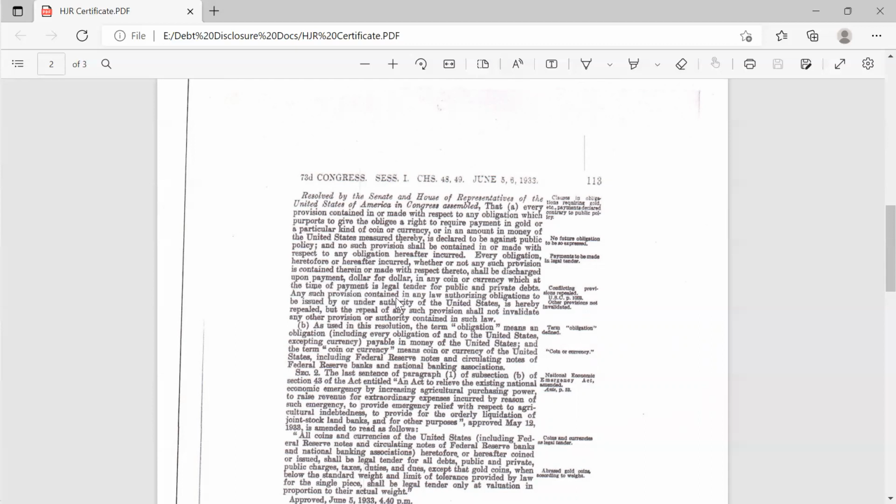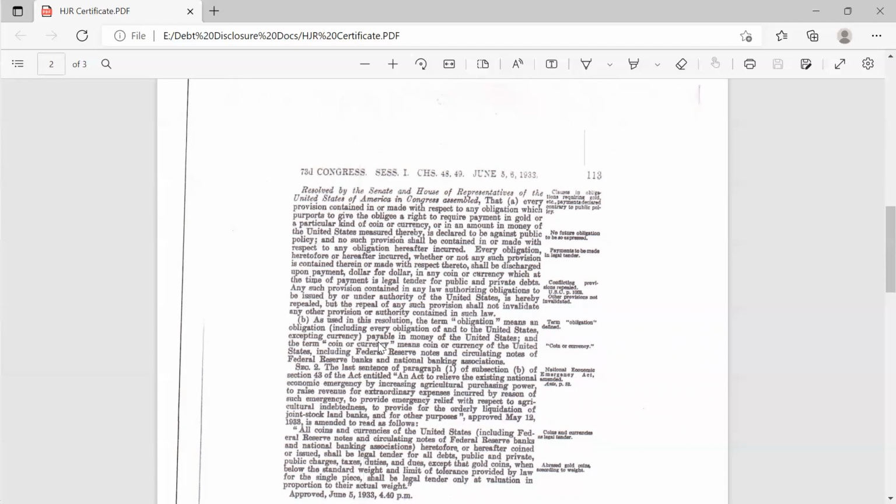Any such provision contained in any law authorizing obligations to be issued by or under authority of the United States is hereby repealed. You hear repealed means no, but the repeal of any such provision shall not invalidate any other provision, or authority contained in such law.